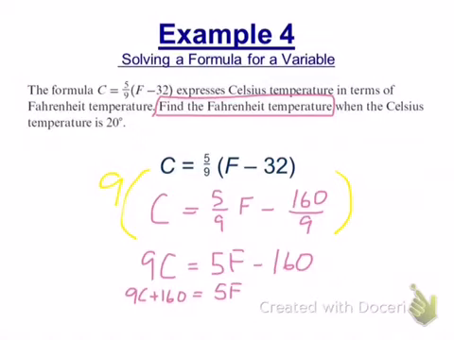And then divide everything by 5. And that will give us F equals, I'm just going to swap sides of the equal sign. F equals 9 over 5 C plus 32.